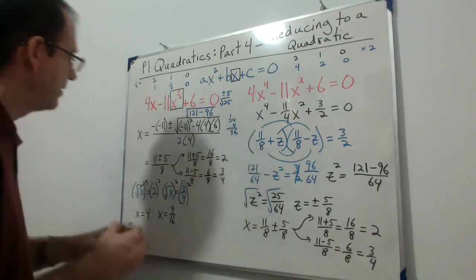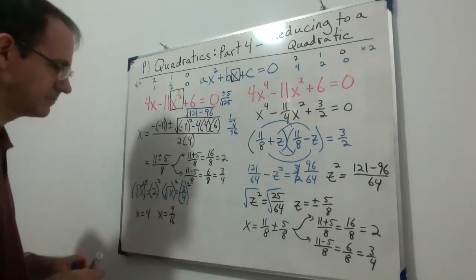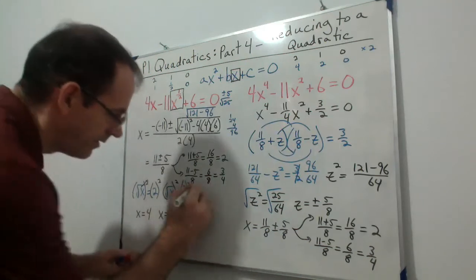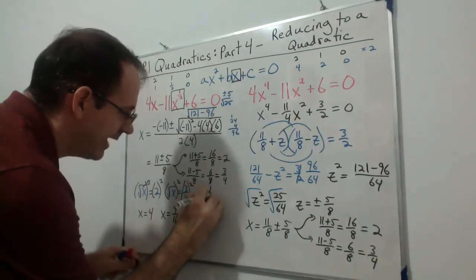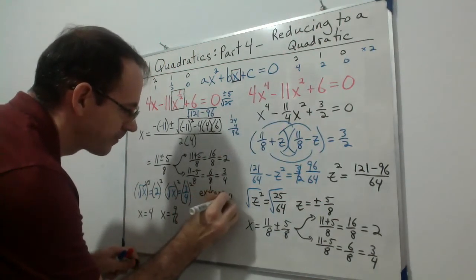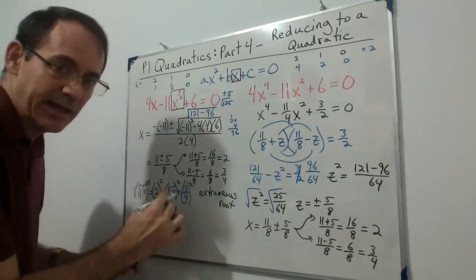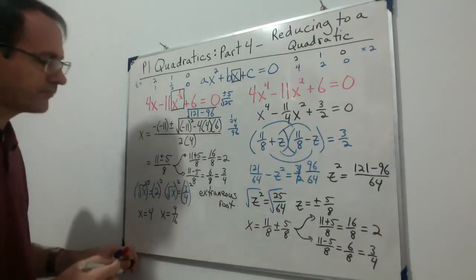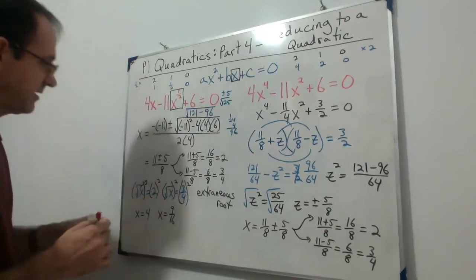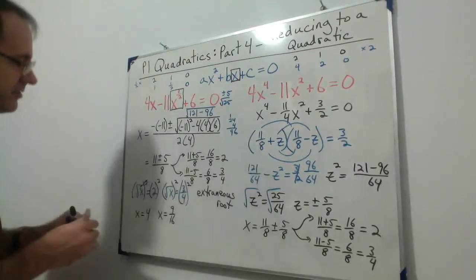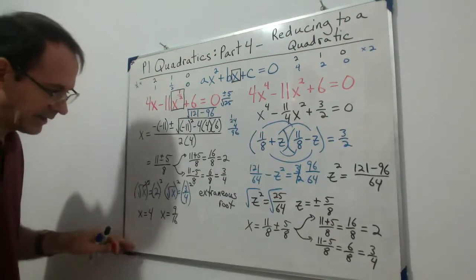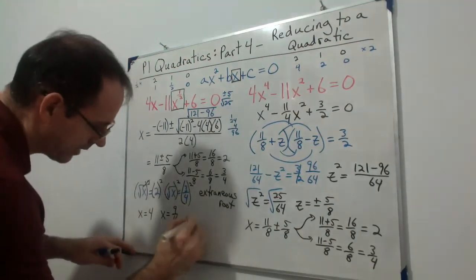Okay, extraneous root. Sometimes I call it the phantom number. What this means is this. I'll just do it down here and then erase it.